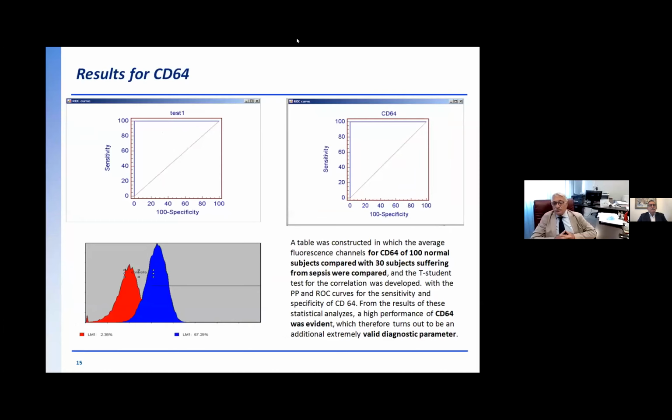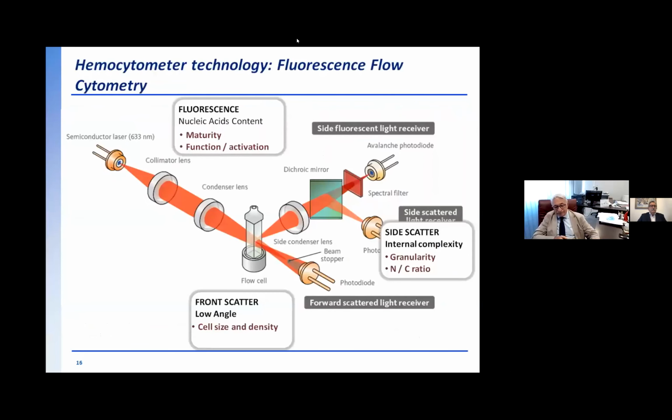So we calculated fluorescence of CD64 on 100 normal subjects, and this value was compared with the results obtained on 30 patients suffering from sepsis, and we highlight the specificity and sensitivity by means of these parameters, the ROC curves, and this parameter is absolutely fundamental for sepsis patients and also with reference to positional parameters.